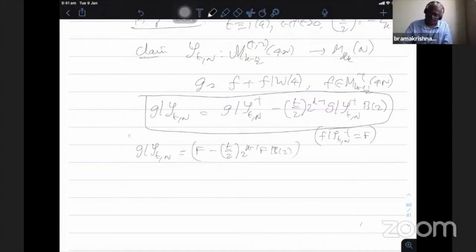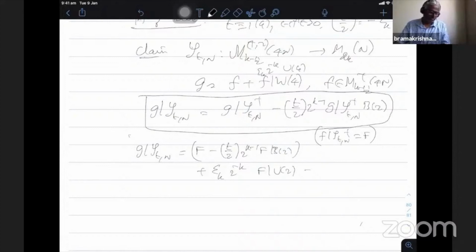Now I have to apply the U4 to this particular one. So this plus epsilon k 2^{-k} U4. I apply this to capital F bar U2. After applying that, U4 goes as U2, minus there is a t by 2 here.